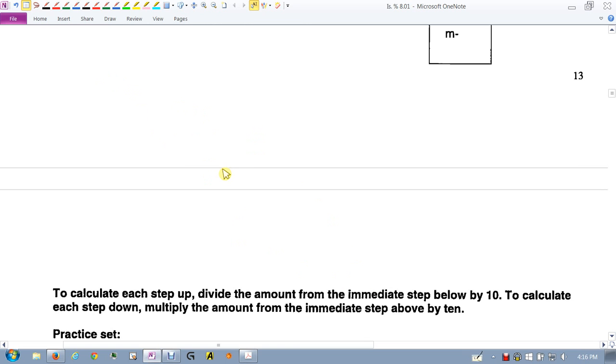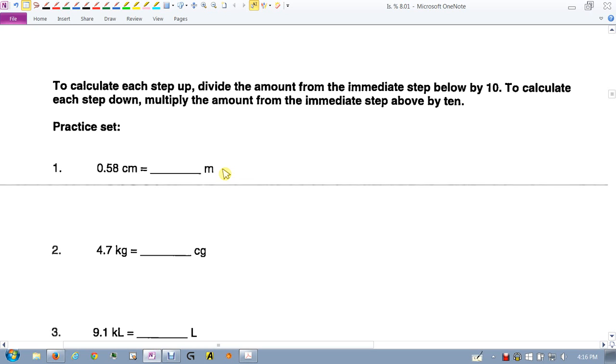So let's take an example here. Let's try and convert 0.58 centimeters to meters. Now notice there's nothing in front of this m. It's not kilometers, km, it's not dm, right? It's just m. So isn't that our basic unit? Meter is our basic unit. It's the one in the middle.